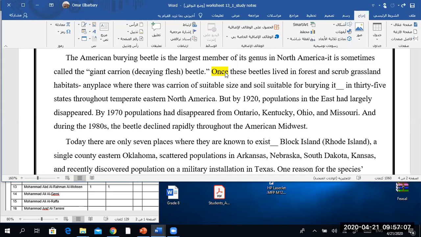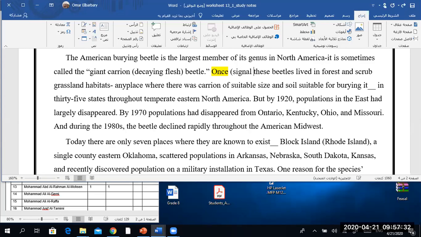When I say once, these beetles lived in forest and scrub grassland. Does this mean that these beetles still live there, or have things changed? Once these beetles lived in the forest. Complete your answer.